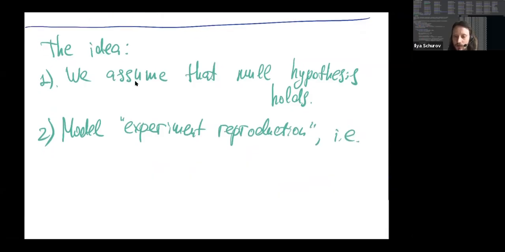I mean the following. We assume that the null hypothesis holds, and we try to understand how far apart our means can be if this null hypothesis holds, if the populations have the same mean.